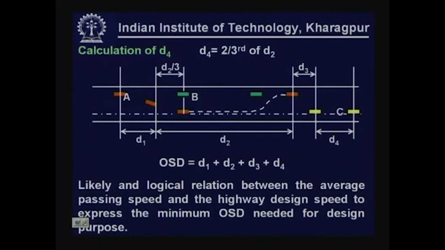That is only possible when we find a likely and logical relation between the average passing speed or overtaking speed and the highway design speed. Then only we can express OSD in terms of the design speed.